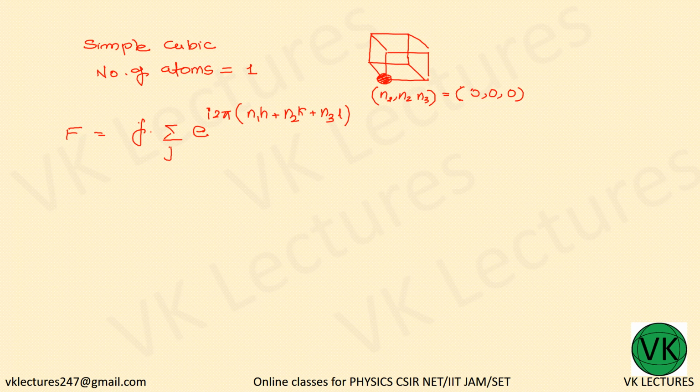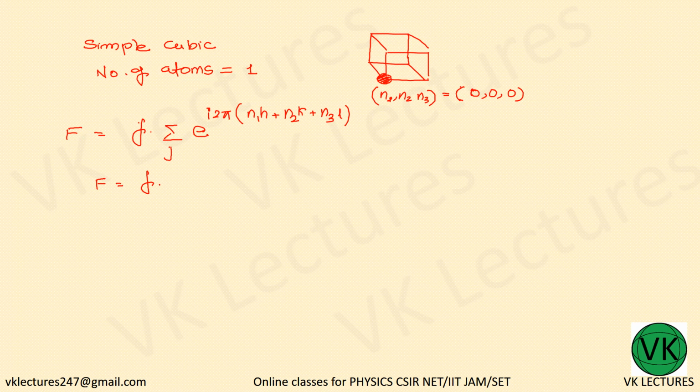Now substituting the values of n1, n2 and n3, which is 0, 0, 0, you get f is equal to simply the constant f, because e to the power 0 is nothing but 1.